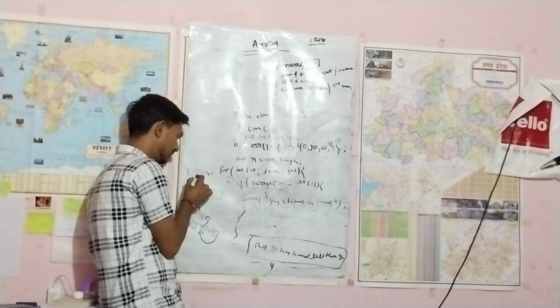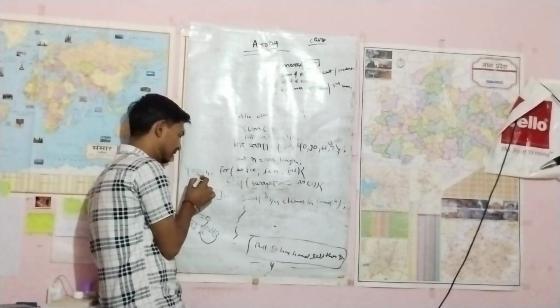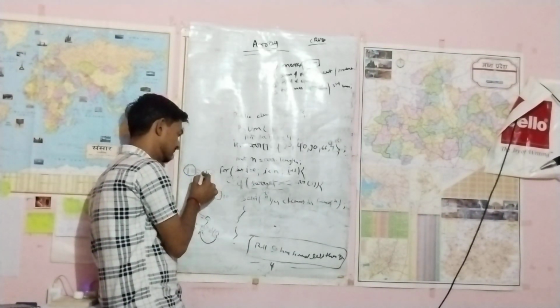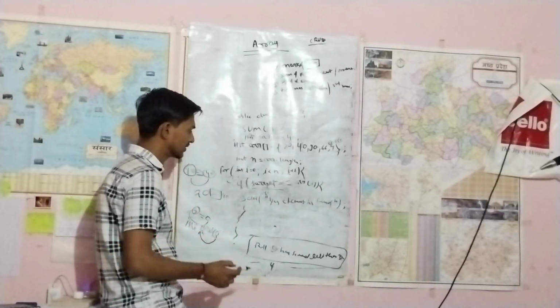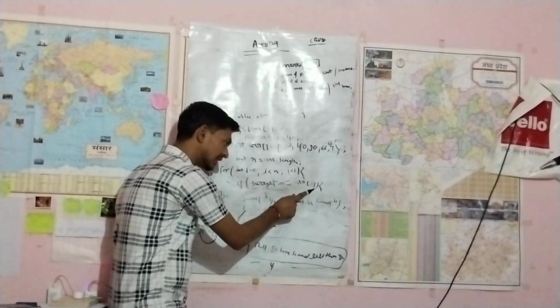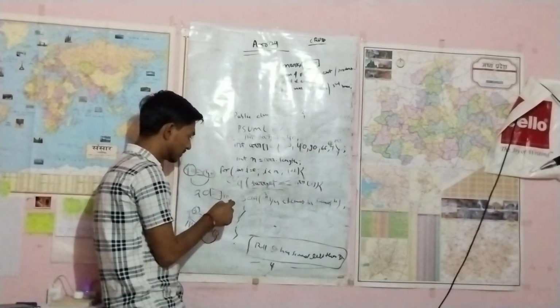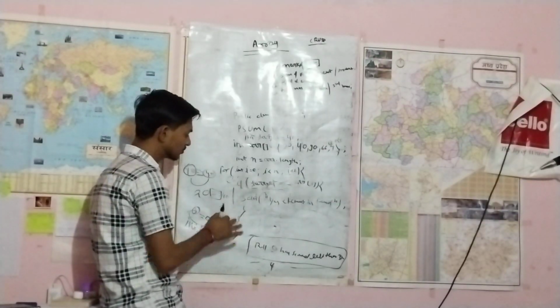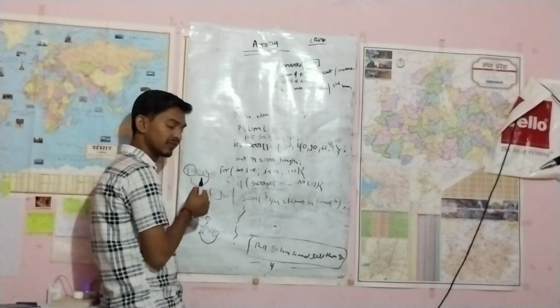It means you are using double equal, so it will compare this element to this. Is it equal? Yes, it's equal. Then this condition would hit, and you would be able to enter into this if block.